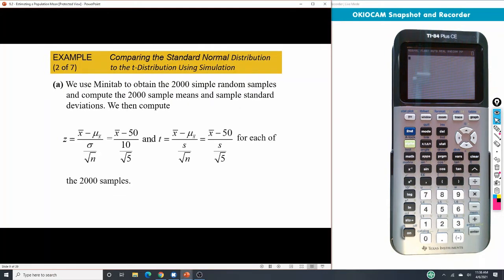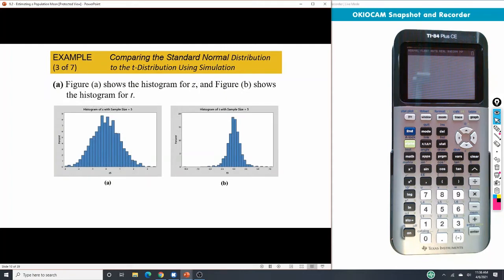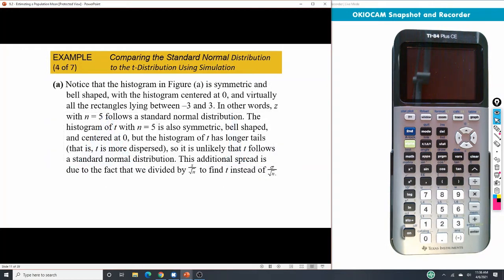As we calculate those and look at them, we can see that our graphs are a little bit different even when using the same size. Our first one looks normal, but our second one has much longer tails, which gives it a different spread.